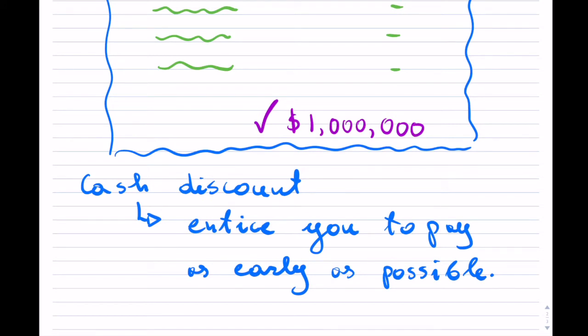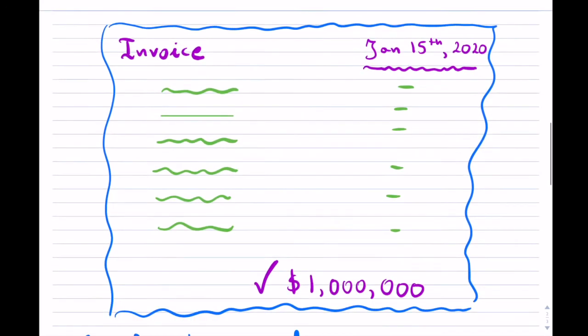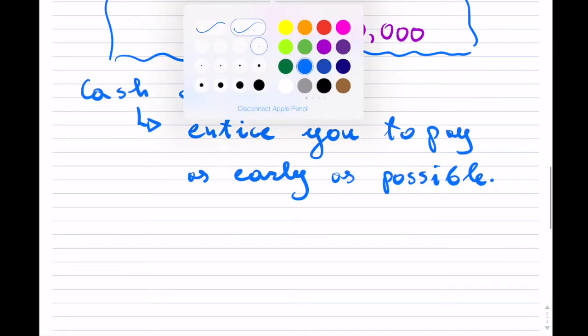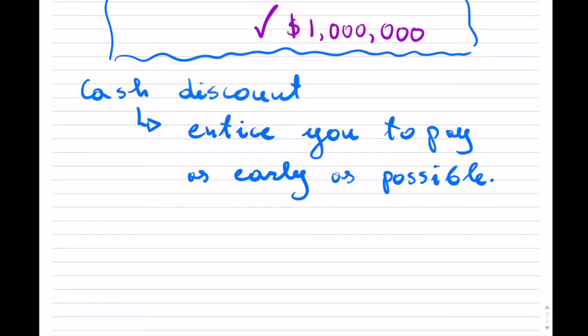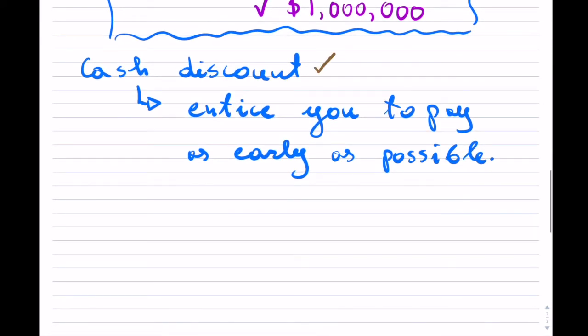All right. So we have, at the moment, $1 million that we have to pay, and the invoice date was January 15th, 2020. So with these cash discounts, as I said, there are basically three different types of invoice dates where you can take advantage of this particular discount rate.